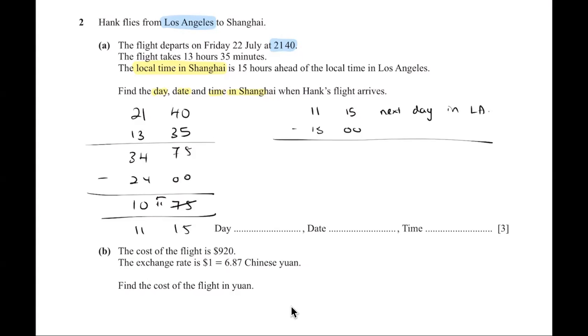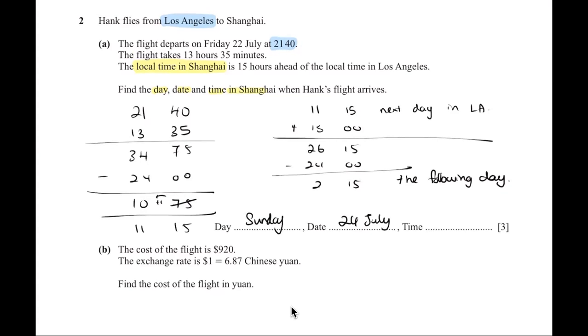Oh, we need to add it. 26:15, and change it again to 15. The following day. So the day will be Friday, Saturday, Sunday, 24th of July, 02:15 in the morning.